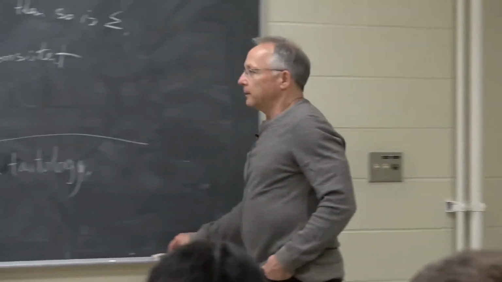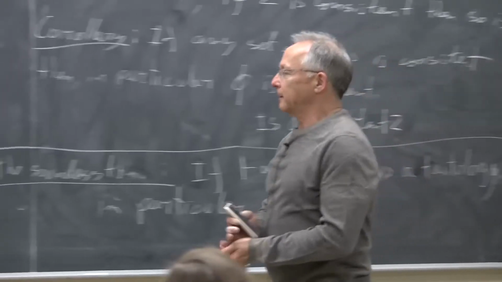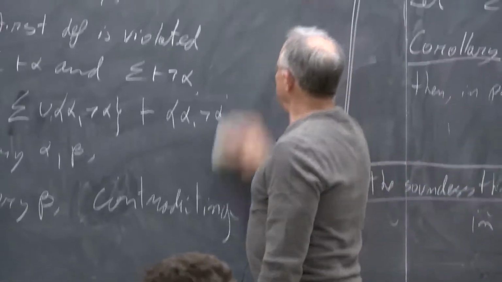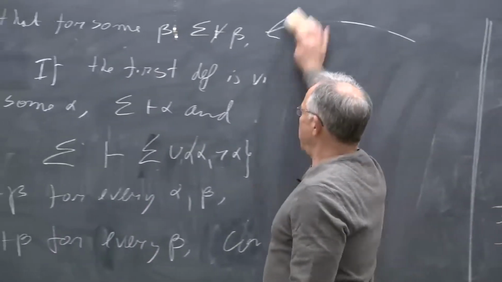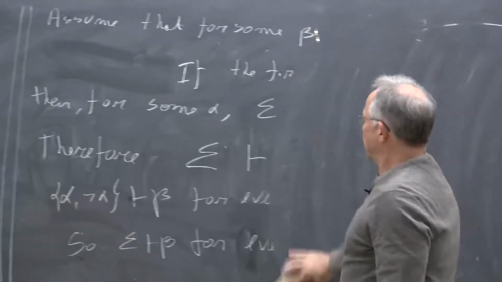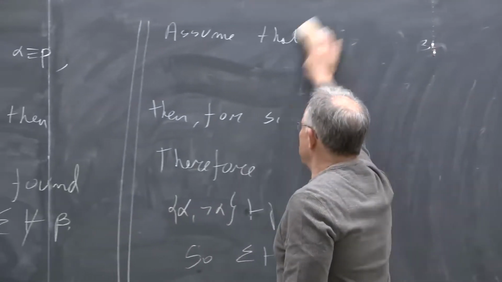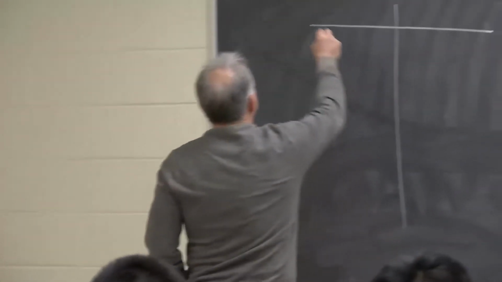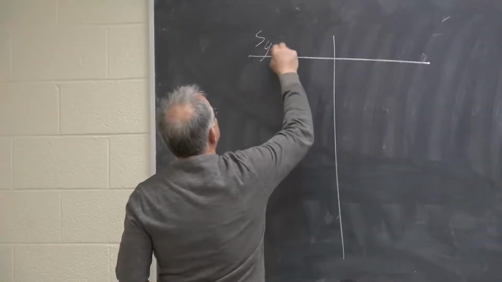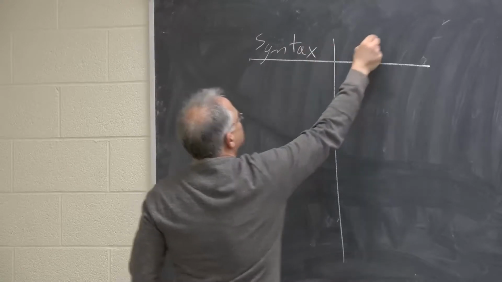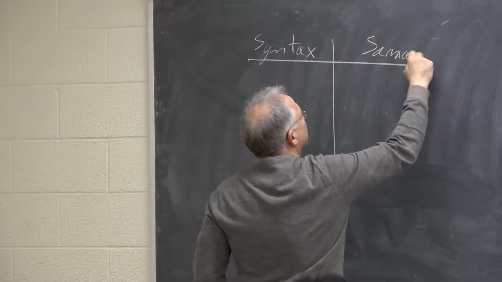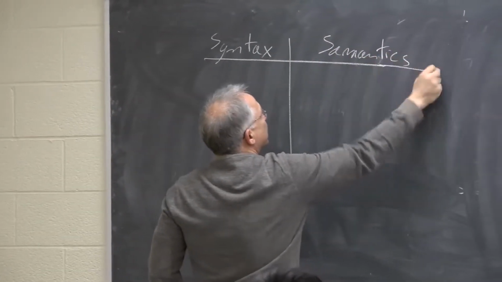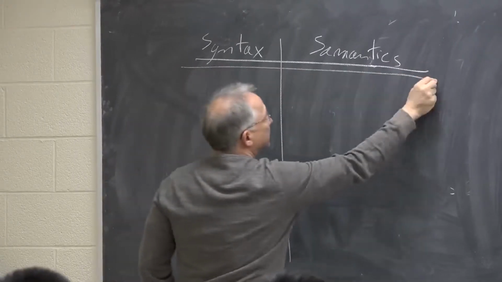So let us take a step backwards and see where we are in the big picture of our discussion. We have syntax and semantics. Let's try to remember where we are.